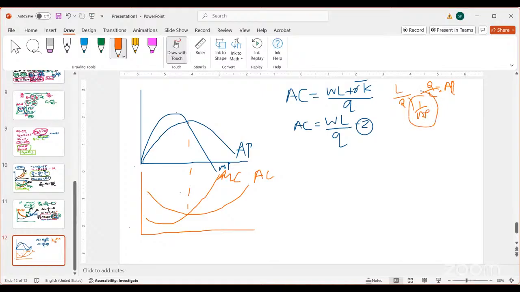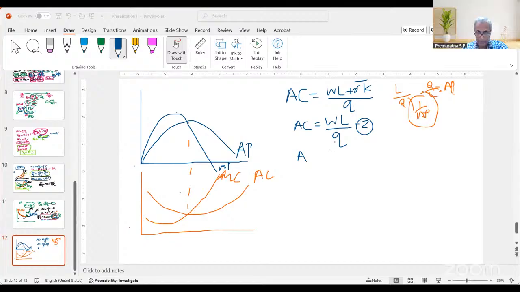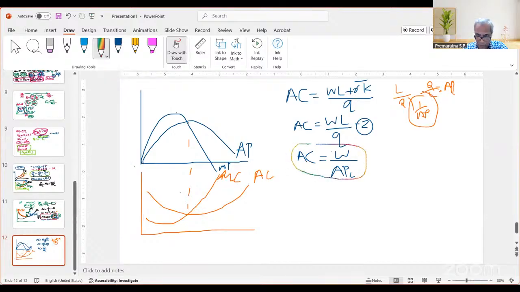So if I replace this here, then what I get is AC equals W divided by APL. Now you can see here one good relationship, this equation number 3.